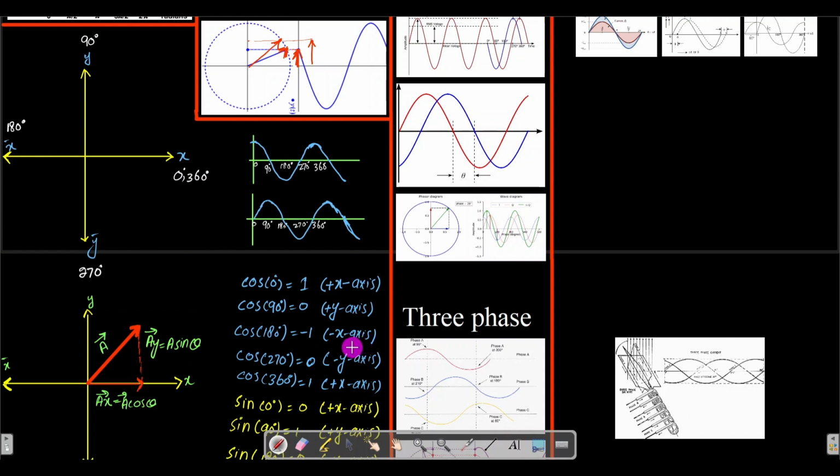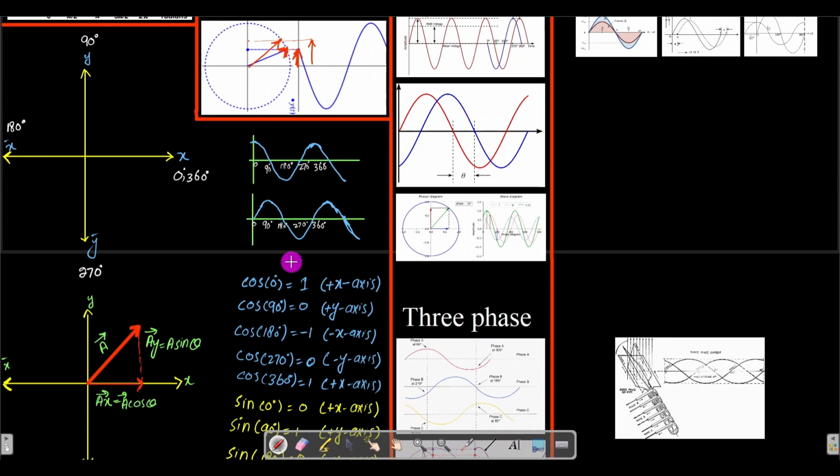So at 270 the cos is equal to 0, because cos is associated with the x-axis, and this 270 is actually present on the y-axis, so therefore its value is 0, and similarly for 360 the cos value is 1.